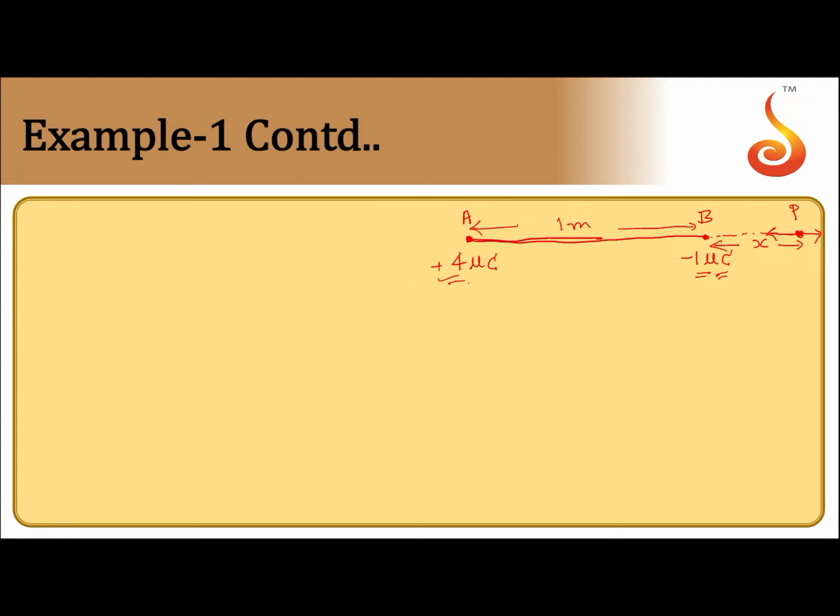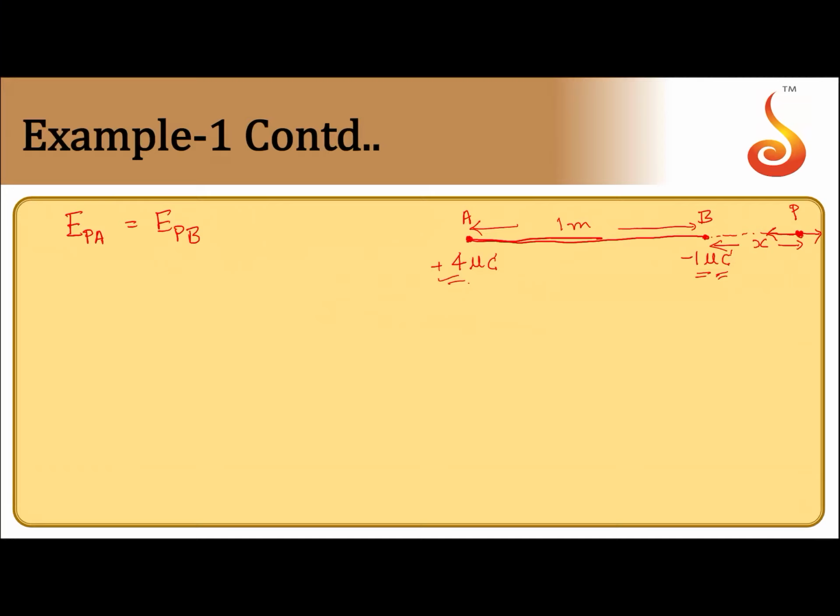Now we have to equate the fields. So field at point P due to charge at A should be equal to field at point P due to charge at B. So EPA should be equal to EPB.